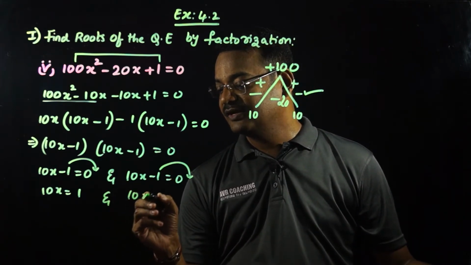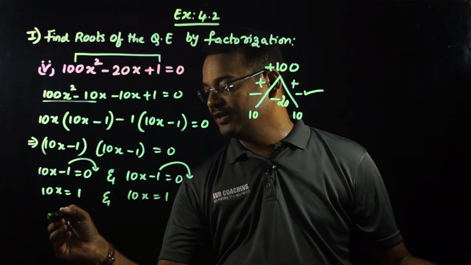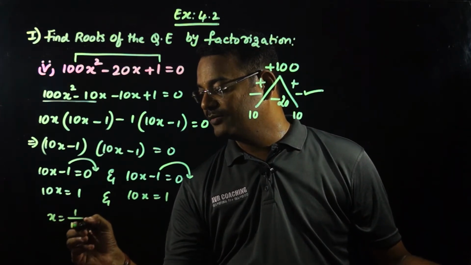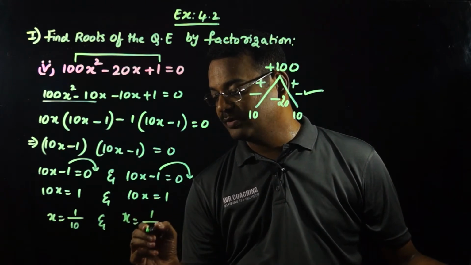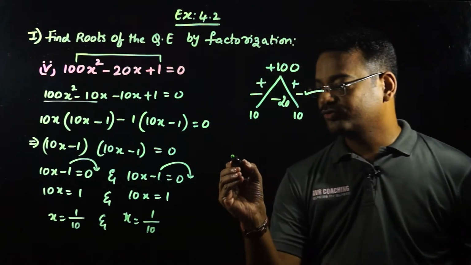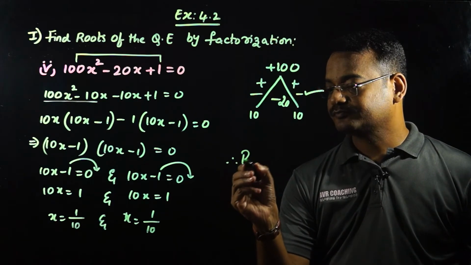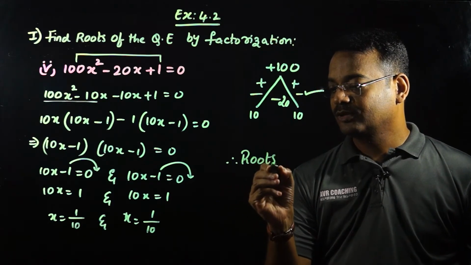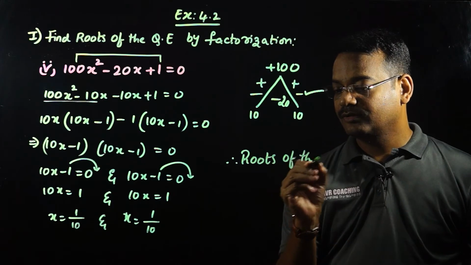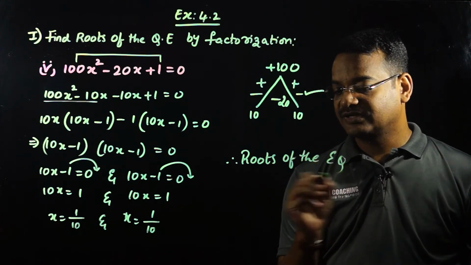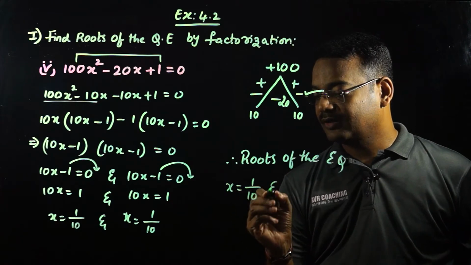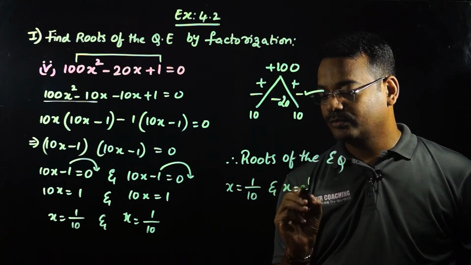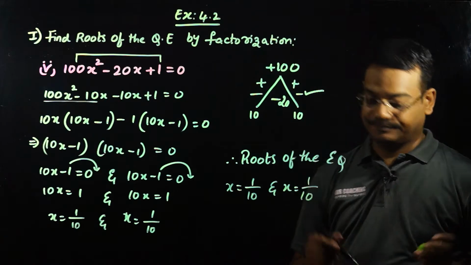So this is 10x equal to 1. Here x equal to 1 by 10 and here also x is equal to 1 by 10. Therefore roots of the equation are x equal to 1 by 10 and x equal to 1 by 10.